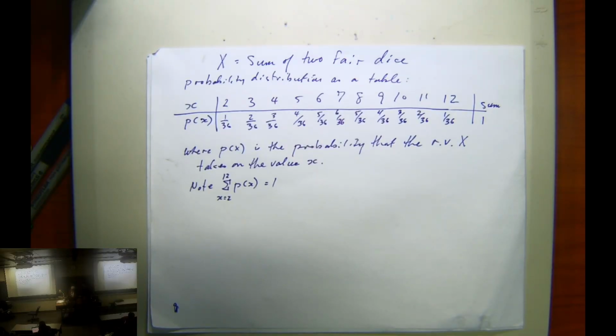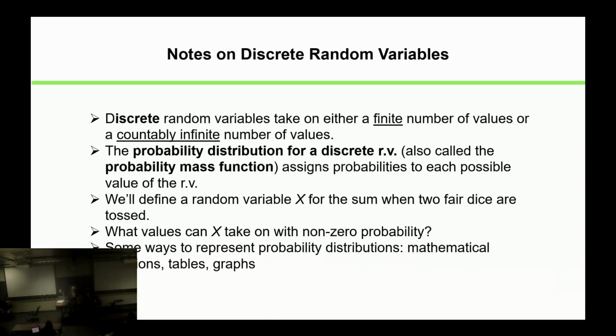So we did it as a table, and there's a couple other things I could do, but let me just go to the graph again. The idea of a probability distribution is it assigns probabilities to all possible values of x. When I say a possible value, I'm saying a value for which the probability is greater than 0.